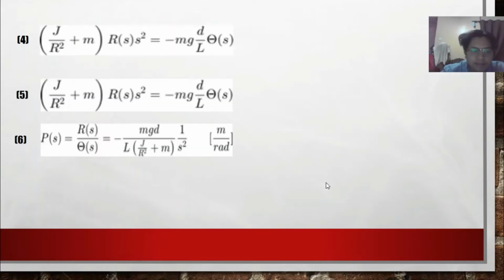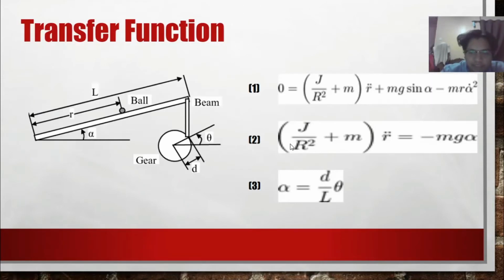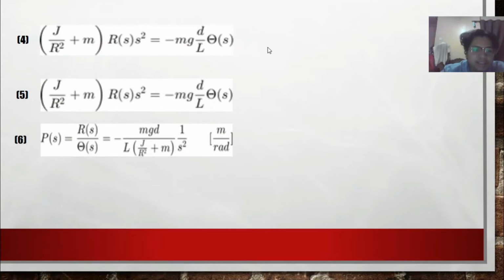Next, when we put this in the previous equation, we will obtain the following. The following equation is derived using the Laplace transform of the equation above. Taking the Laplace transform and rearranging, we will find the transfer function like this.